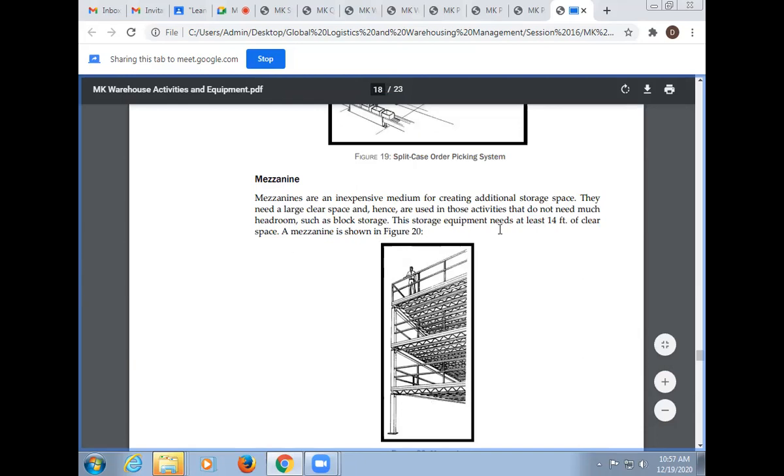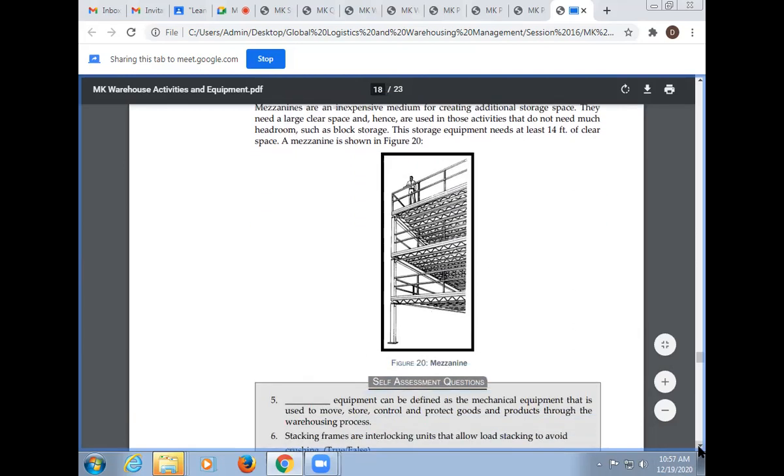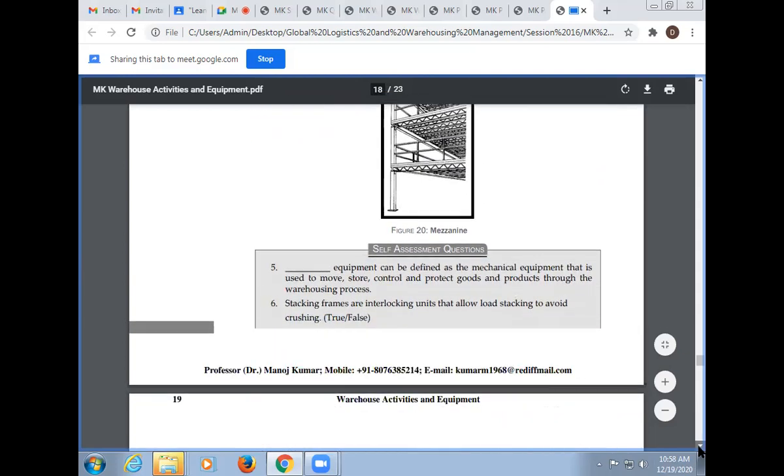This storage equipment needs at least 14 feet of clear space. A magazine is shown in figure 20.